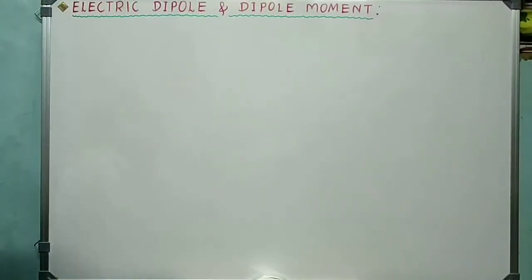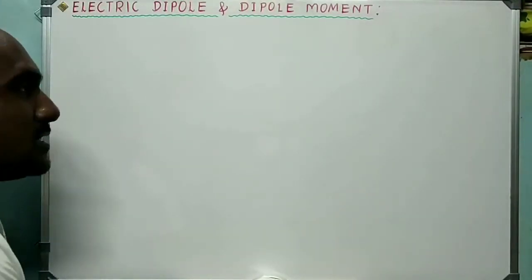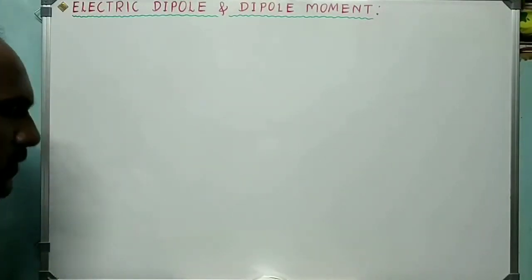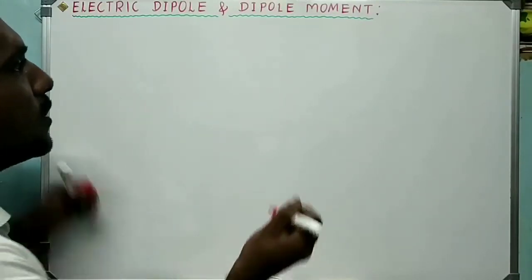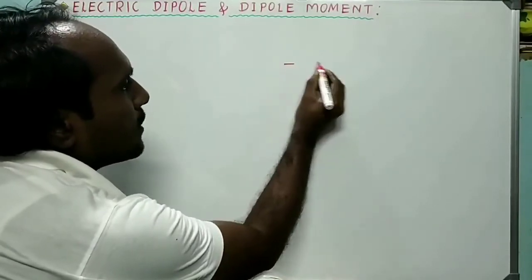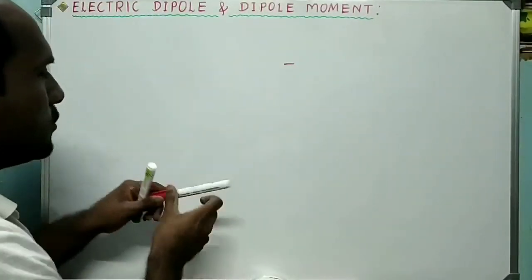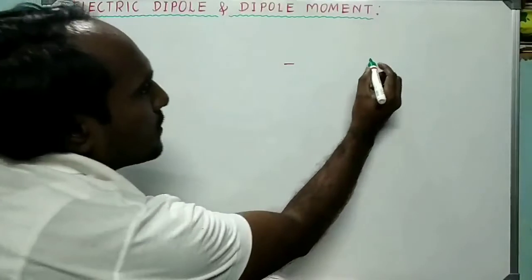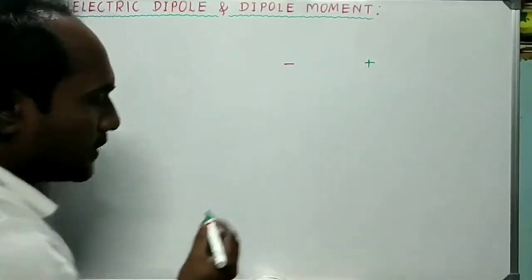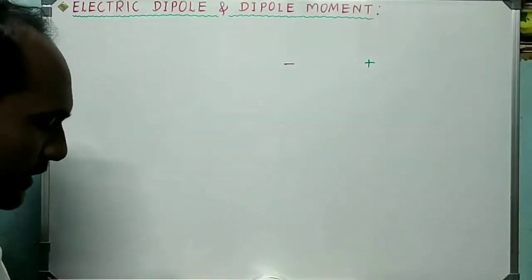Okay friends, now let us study the strength of the electric dipole. Already you know that an electric dipole mainly consists of one negative charge and one positive charge. Okay, this is the electric dipole.